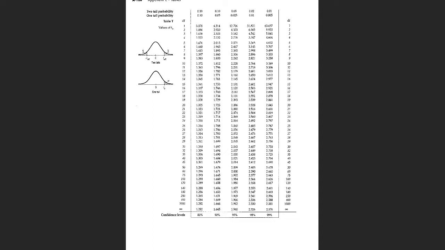It's a two-tailed test at 0.05. So if I go to this, I'll use my pointer. See that row, 4 degrees of freedom? And if you want 95%, it's this middle column, which gives you 2.5% in each tail.